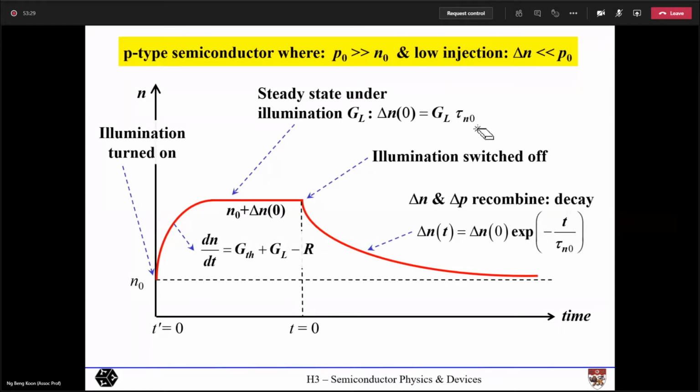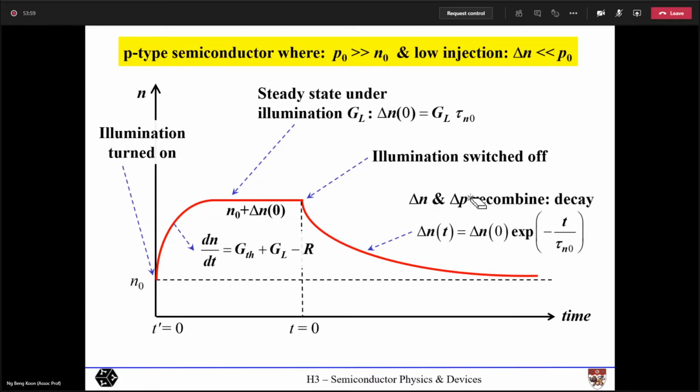That's provided the 2 assumptions are valid: that the majority carrier is much greater than the minority carrier, and that the excess carrier is very small compared to the majority carrier. If these 2 conditions are true, then we can apply this solution to calculate the steady state excess carrier in the semiconductor under this scenario.